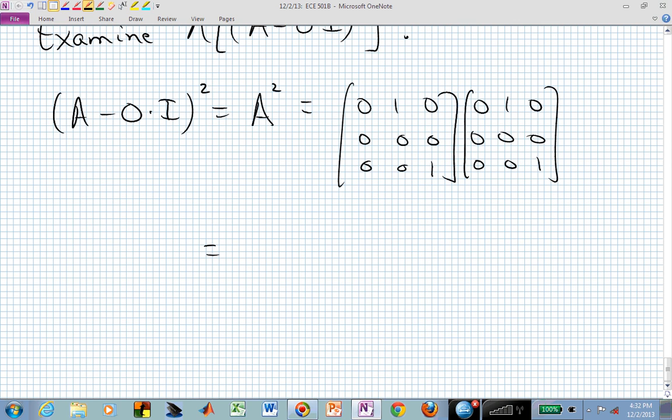The first row of that product says that should be the second row of the second matrix in that product. And that second row is all 0. The second row in this matrix product says take every row and scale it by 0 and add them together. So that's going to be null.